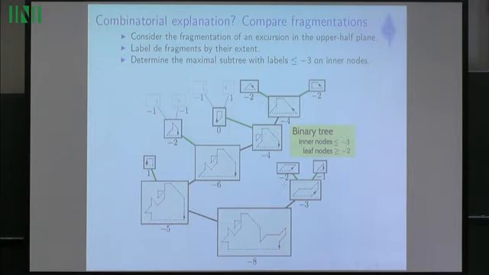Now, given such a binary tree with these excursions on them, one can always find a maximal subtree for which all inner labels are smaller or equal to minus 3, and such that all the nodes of the tree have labels larger or equal to minus 2. So why exactly is this true when I take the boundary to be at minus 3?